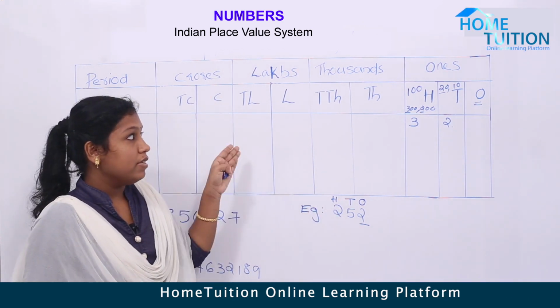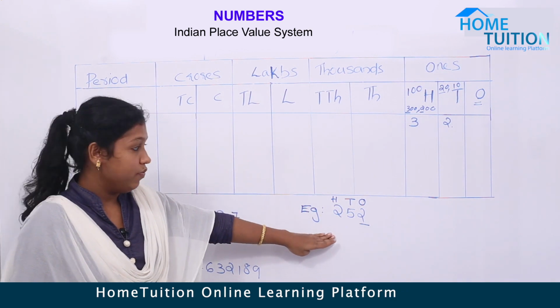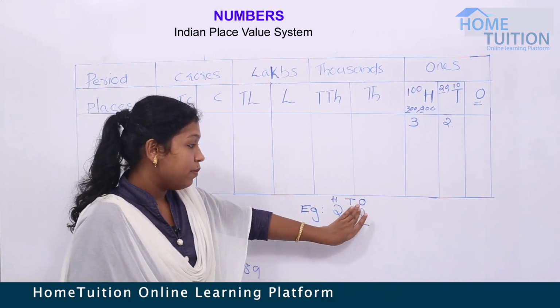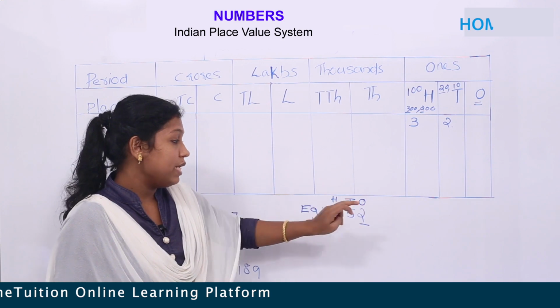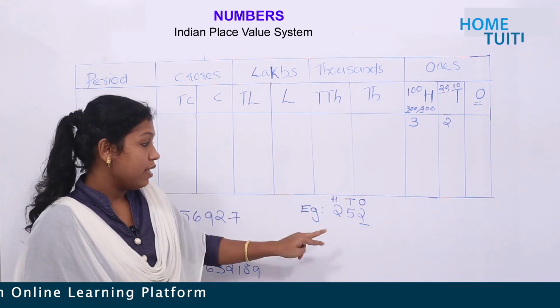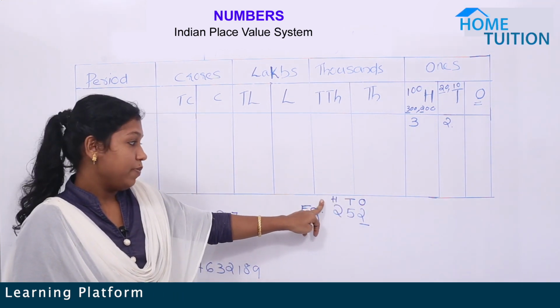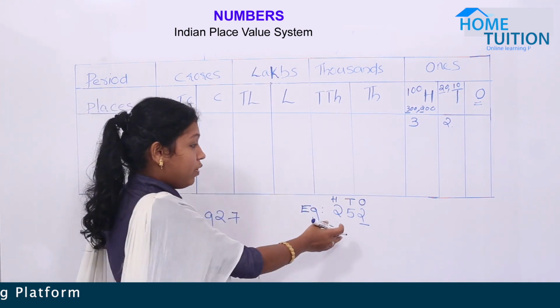In the Indian place value system, we place this in the place value chart. We get 252. The first number is 2, which is in the ones place, 5 is in the tens place, and 2 is in the hundreds place.